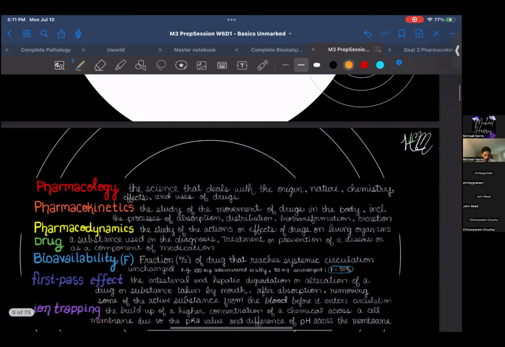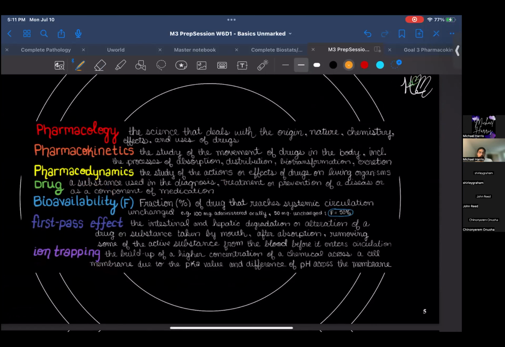Let's go. Now, once again, let's talk about just definitional terms. Are you going to run across a question that's going to be like, what is the definition of pharmacokinetics? No. More than likely, they're going to ask you, what is the pharmacokinetics of this drug? Or what is the mechanism of action of this drug?